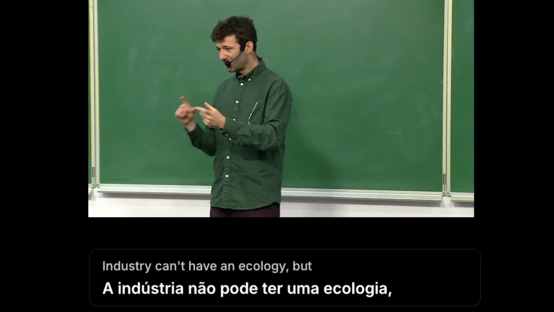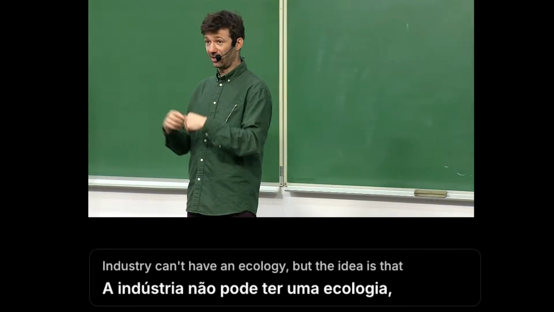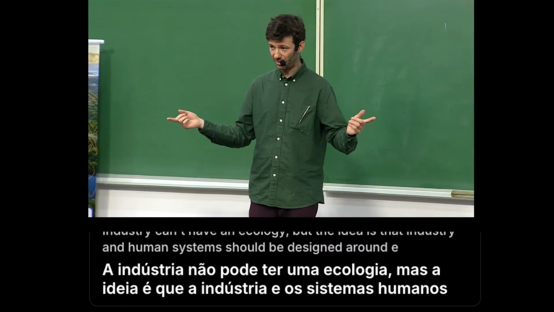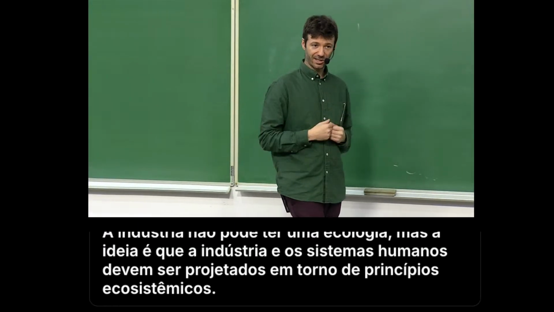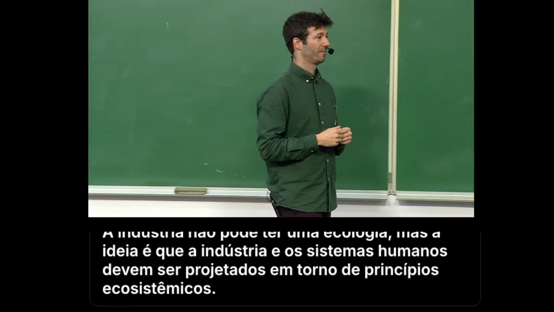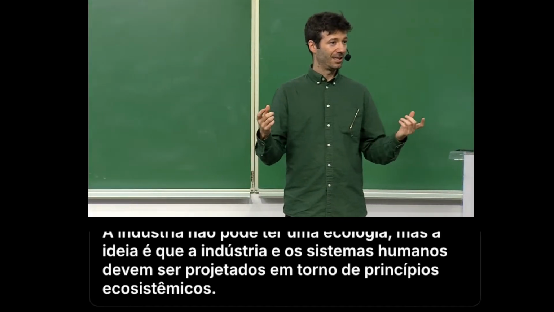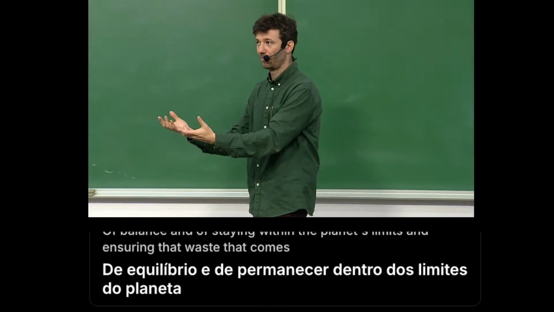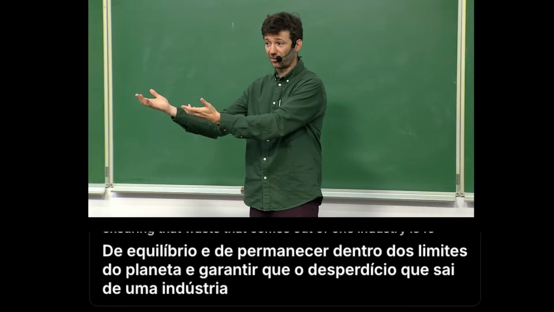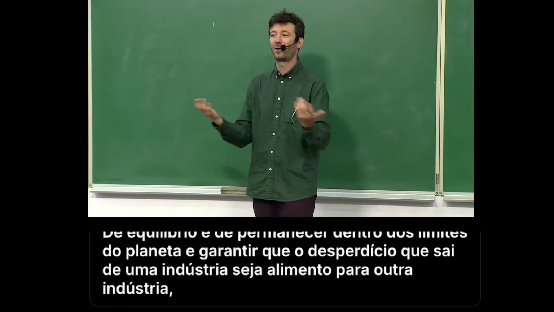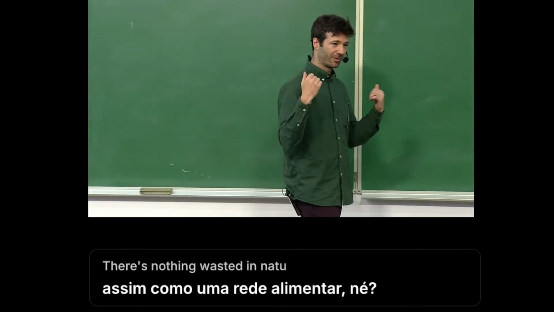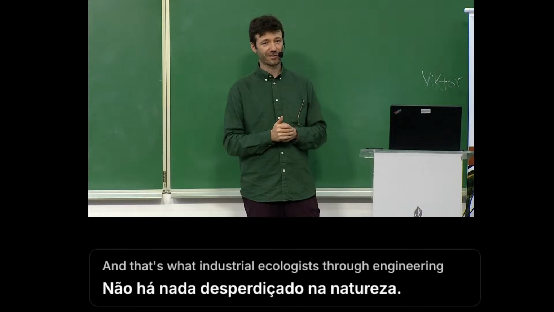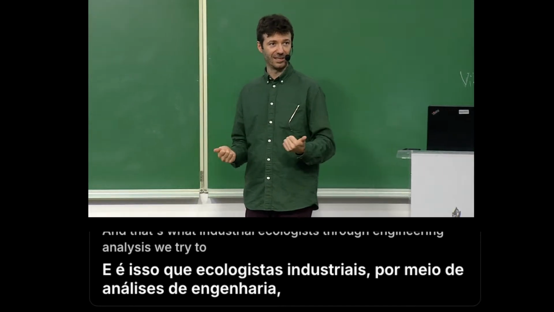But the idea is that industry and human systems should be designed around ecosystem principles of balance and of staying within the planet's limits and ensuring that waste that comes out of one industry is food for another industry, much like a food web, right? There's nothing wasted in nature. And that's what industrial ecologists, through engineering analysis, try to replicate.